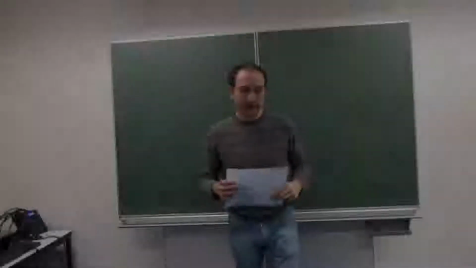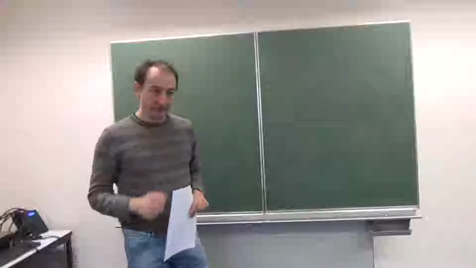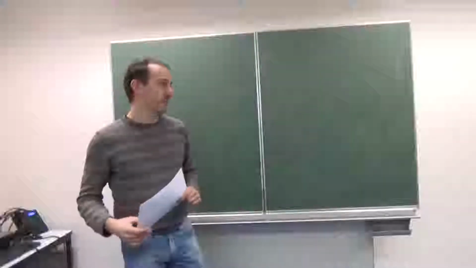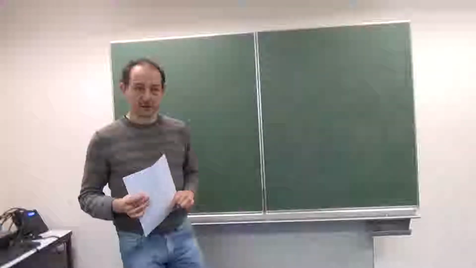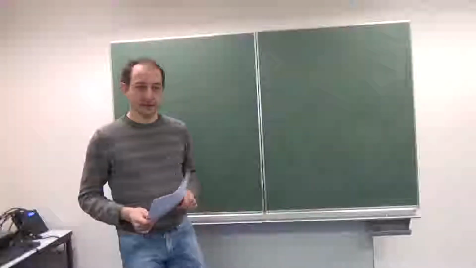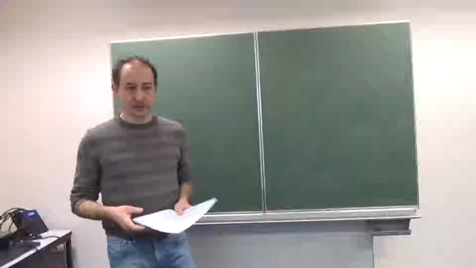So in the first lecture we introduced basic notions of large deviation theory, applying it to a simple example first of coin tossing and then of frequencies of symbols in an alphabet.